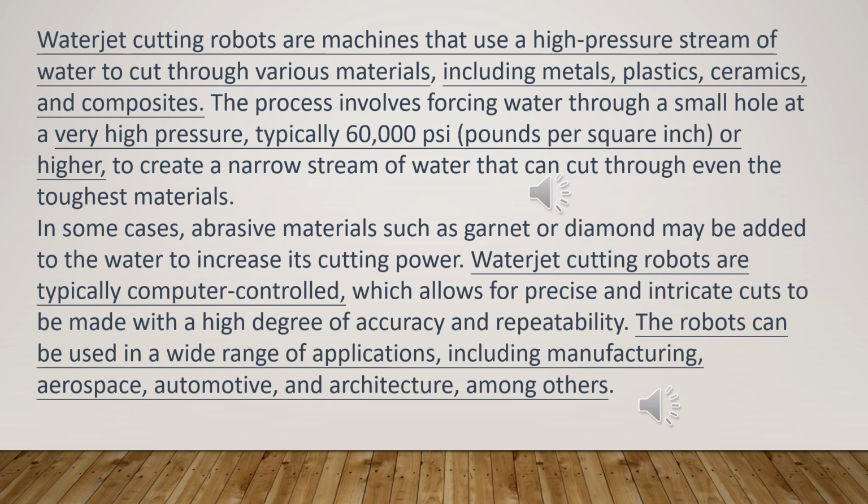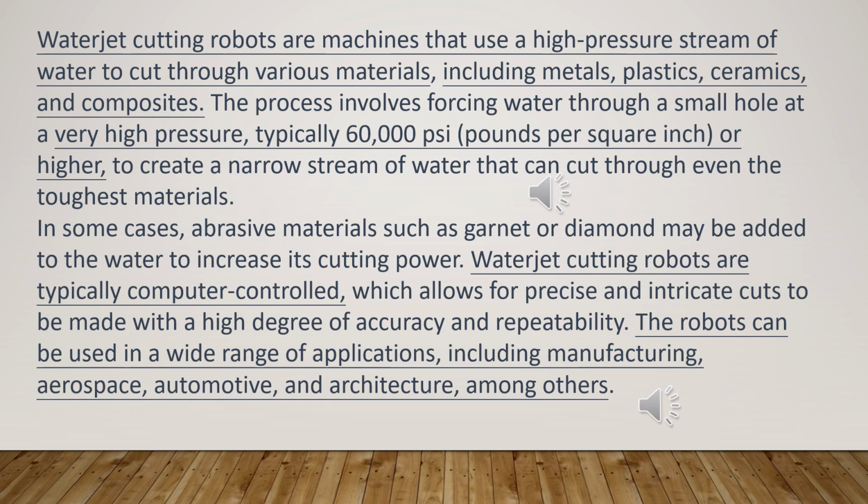Water jet cutting robots are machines that use a high-pressure stream of water to cut through various materials, including metals, plastics, ceramics, and composites. The process involves forcing water through a small hole at a very high pressure, typically 60,000 psi, pounds per square inch, or higher, to create a narrow stream of water that can cut through even the toughest materials.